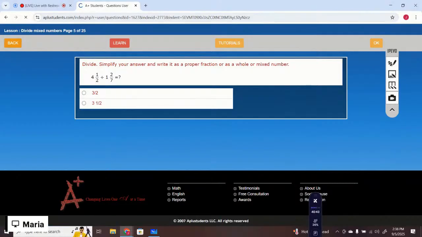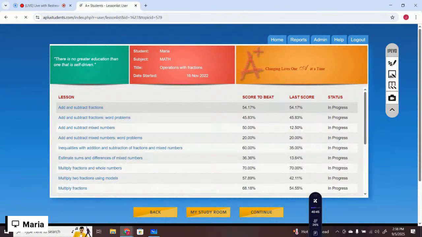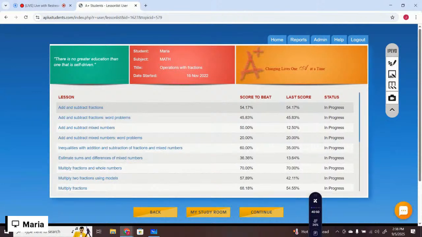Okay, you can complete the lesson by yourself later today. So we were working on grade 7 math. The chapter we're working on is operations with fractions.